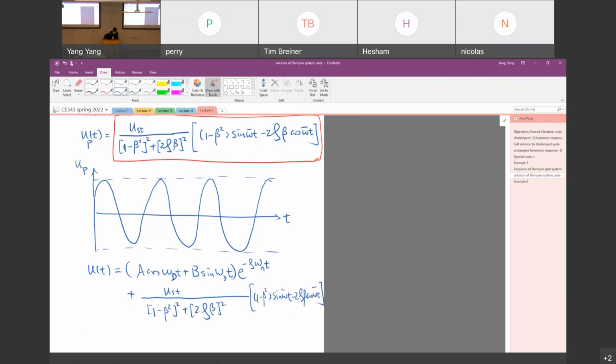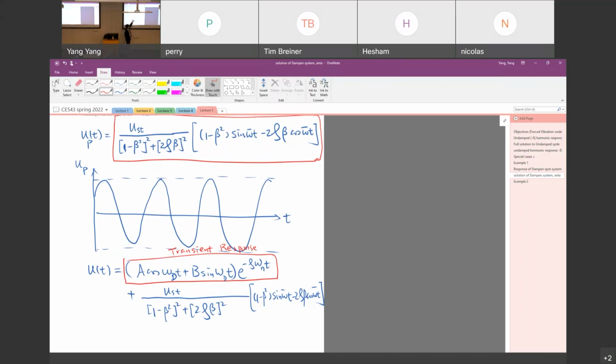Similarly, we have two parts. This part is called the transient, U sub C. Why?